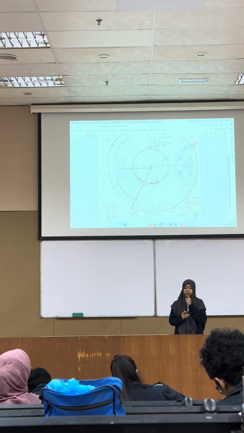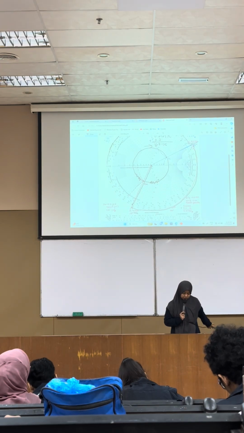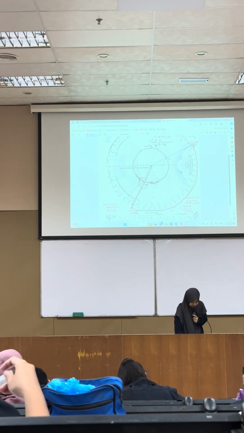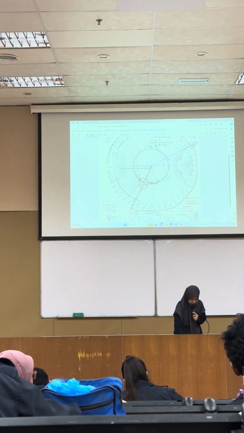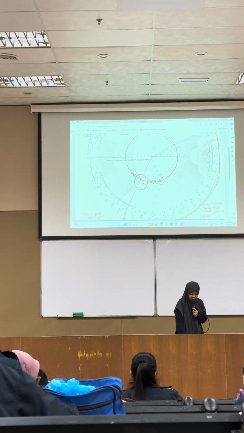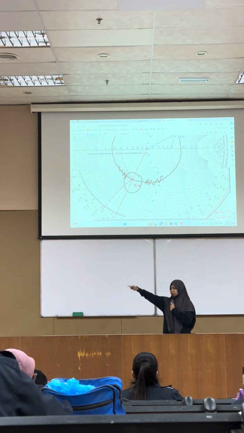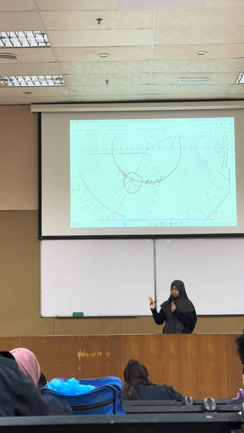Tolong baca dia punya value. Can you read the value? Can you get the value of Z in? The intersection, okay, between the line that you draw, warna merah. Saya punya warna merah, the red color, with the intersections of the ZL circle. So that is basically the value of Z in.